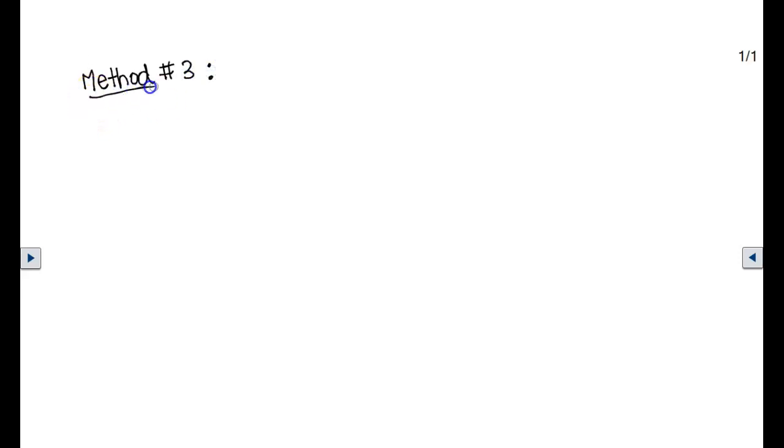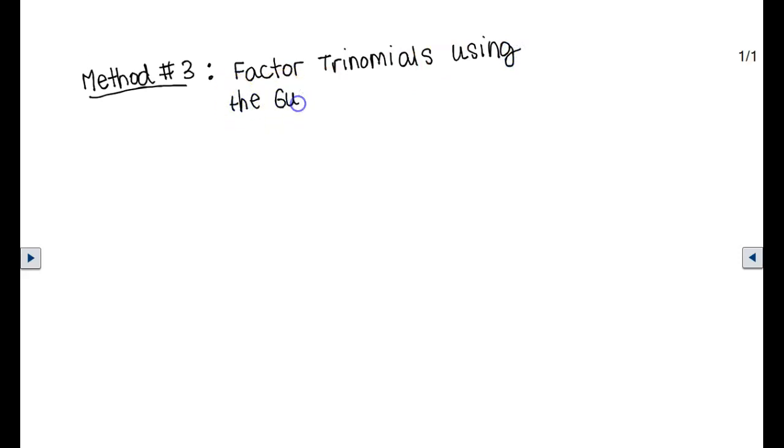And method number three is to factor trinomials by using the guess and check method.